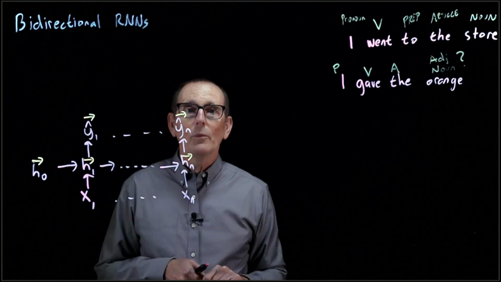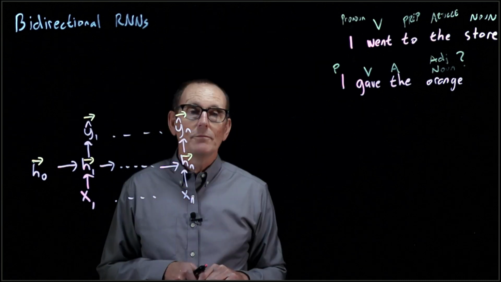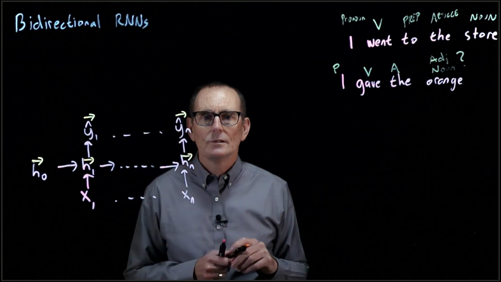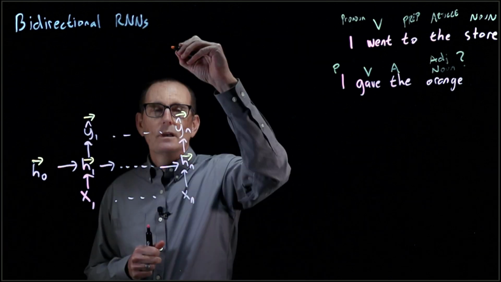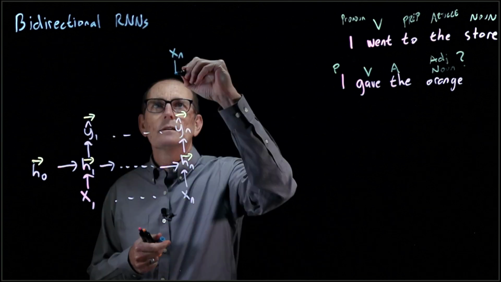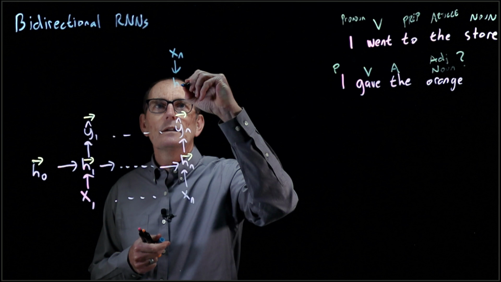What we can do as well is have basically a second RNN. So the second RNN is going to have separate weights, and we're going to feed in X sub n and obtain an H sub n, and that'll give us a Y hat sub n.